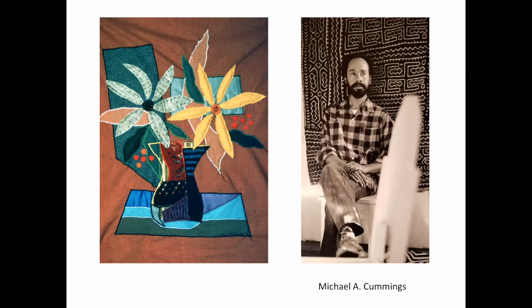Just before Abstract Design in American Quilts opened at the Whitney, the Museum of Modern Art had been showing a solo exhibition of works by Romare Bearden titled The Prevalence of Ritual. The show included his recently completed fabric collage patchwork quilt made in 1970, and this exhibition was hugely influential on Michael Cummings. He later was mentored by Bearden, meeting with the artist in his studio.